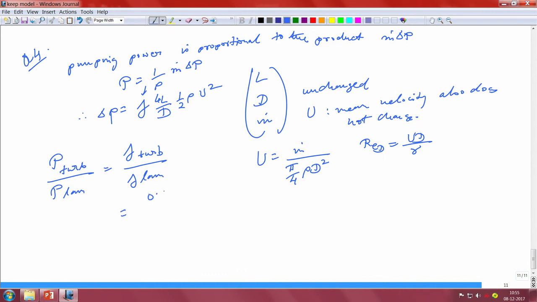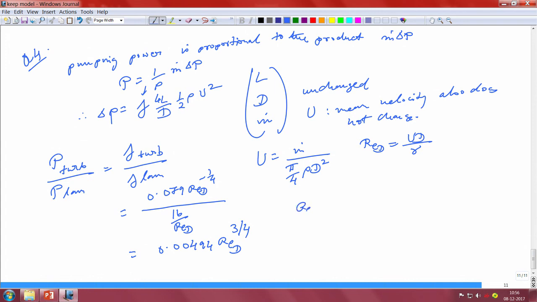So, for the turbulent friction factor, it is given as 0.079 into Reynolds number Re_d to the power of minus 1/4, if you recall your notes, and for laminar it is 16 by Re_d. So, the total thing that we get is 0.00494 into Re_d to the power of 3/4.